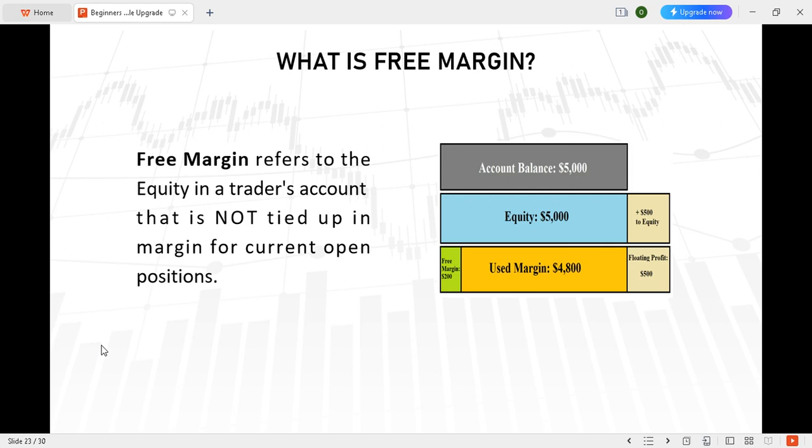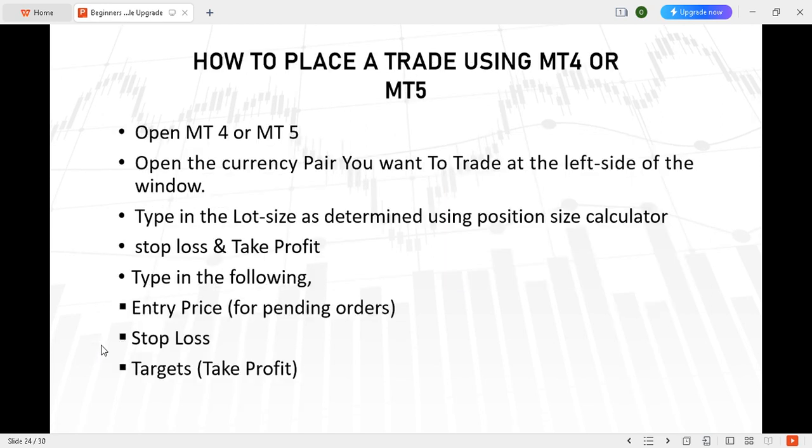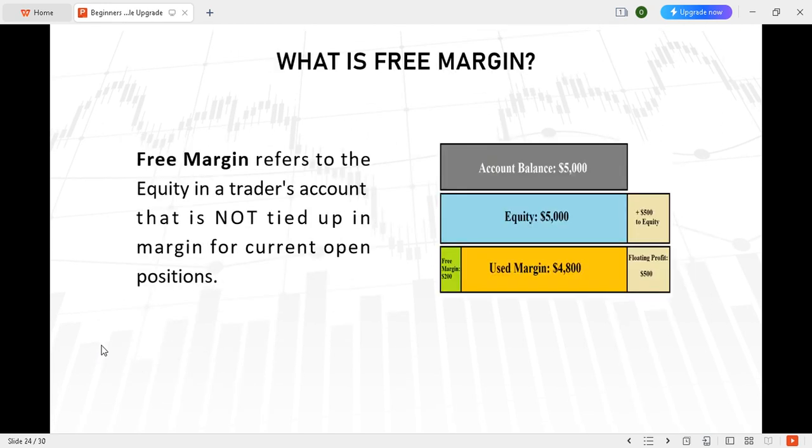That's the only available amount for you to take other trades. So that is that about margins. It's important we know our margin because it helps us to know what exactly we are to risk, and that is where we end module 3 on free margins and all that has to do with margin.